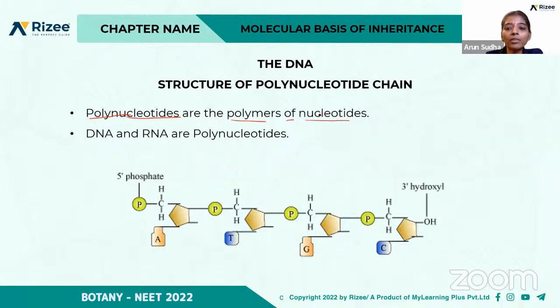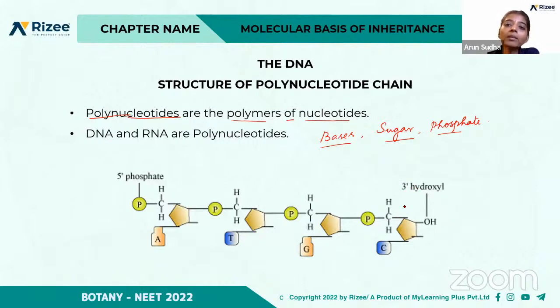So first, what is a nucleotide? We already saw about the structure of bases, right? Nitrogenous bases, then sugar, and phosphate, right? So I hope you're clear with these structures because we already discussed in detail under biomolecules. So this is the structure of a polynucleotide, that is, it has a sugar.